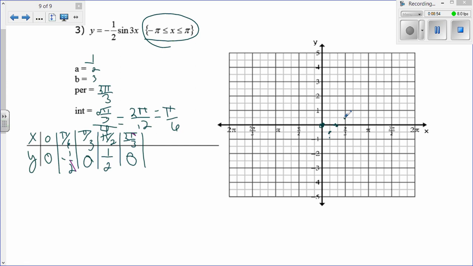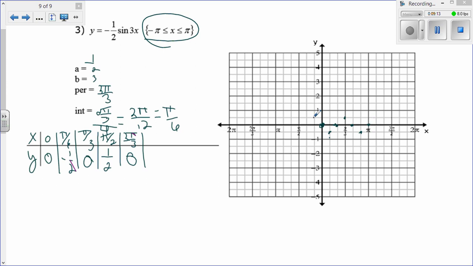And then at 3 pi over 2, I'm at 0. And I need to continue with this pattern. So I would go over one more and go down to a negative 1/2. And then my next point would be back at 0. And I have to go to negative pi through my origin.